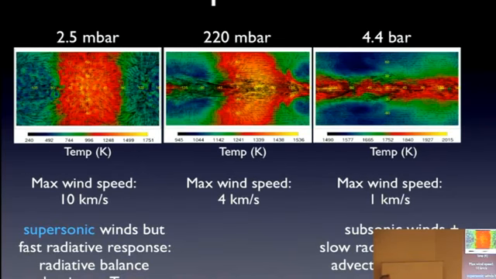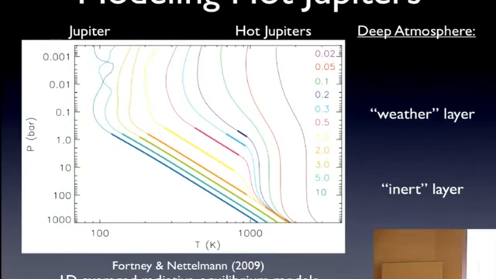Well, you get different regimes of flow from 2.5 millibars all the way to a few bars. I should emphasize here, I didn't give you the number, but this 0.1 bar, which is 100 millibar, is a typical region in between the optical photosphere, where you start absorbing a good fraction of the solar insolation, and the thermal photosphere.